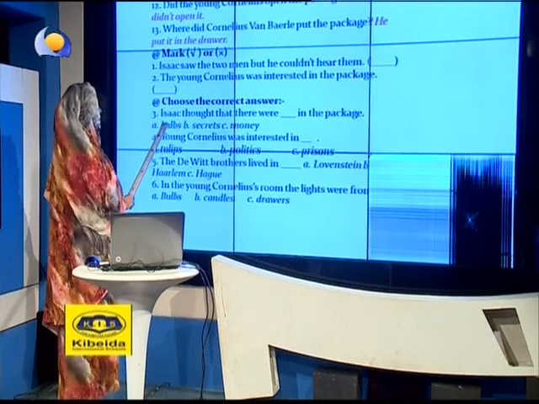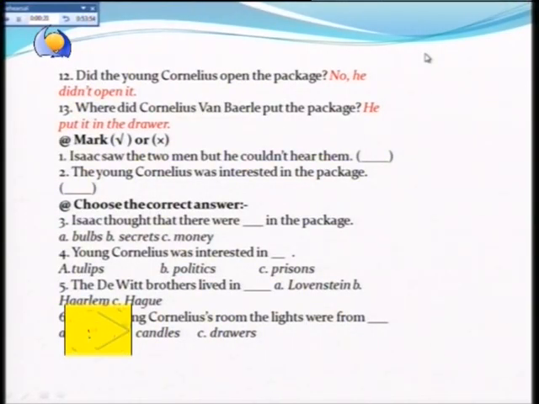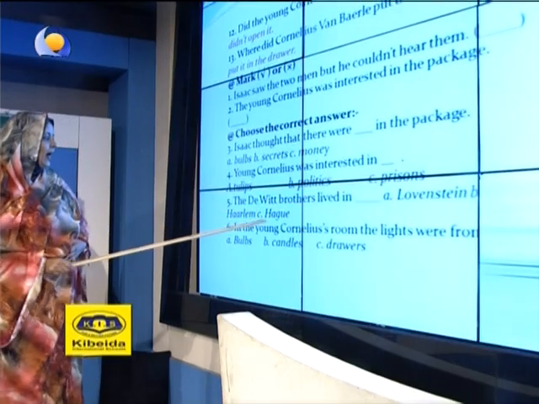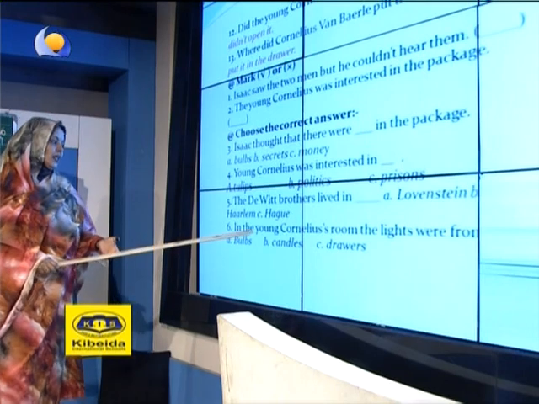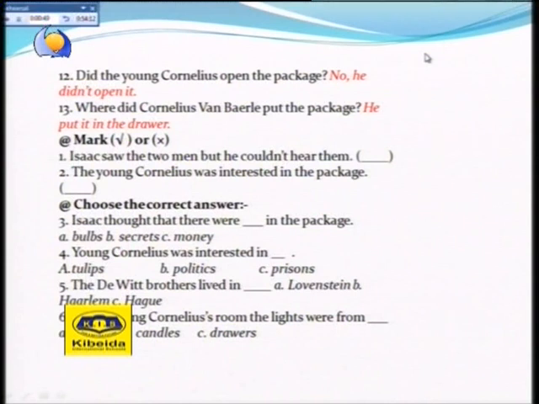Now, Isaac thought that there were secrets in the package. Young Cornelius was interested in tulips. Old Cornelius was interested in politics. The DeWitt brothers lived in The Hague, and in the young Cornelius's room, the lights were from candles at that old time.